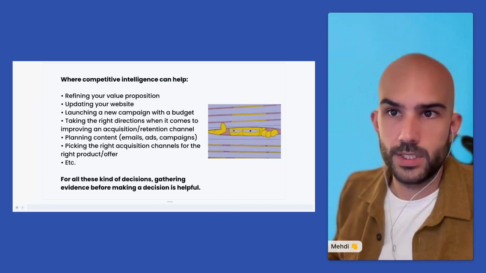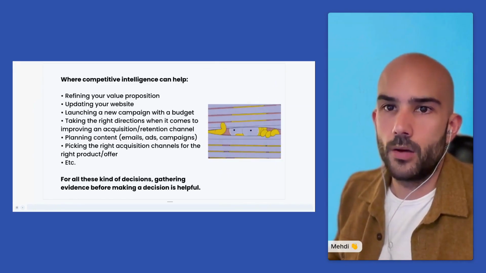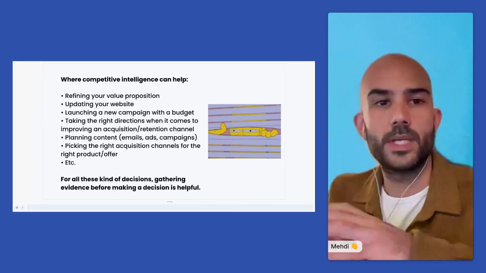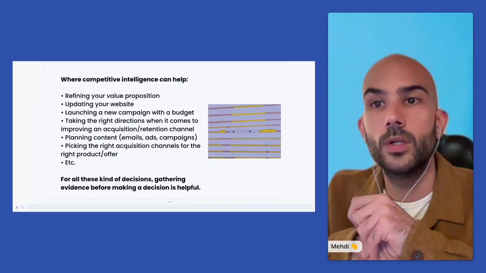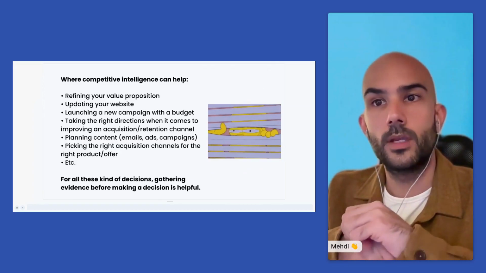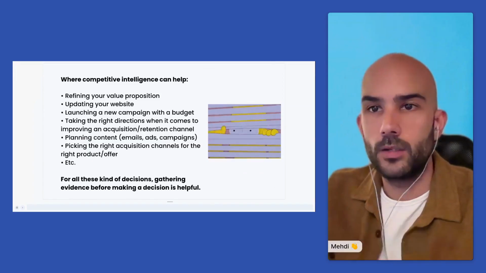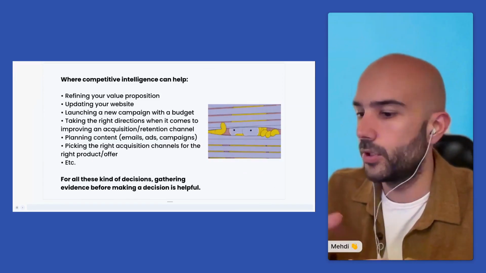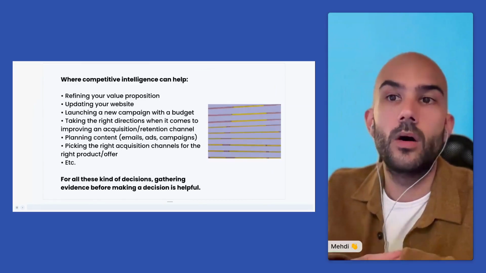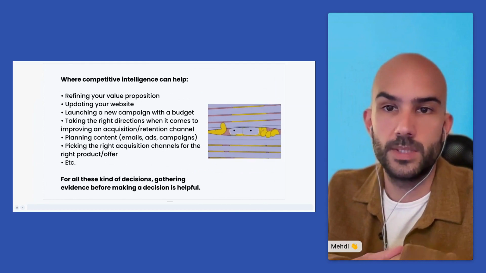Refining your value proposition. You know that you have to position yourself differently. How should you do it? Competitive intelligence can help you. You want to update your website for CRO purposes. You want to launch a new campaign. You are trying to improve an existing acquisition or retention channel. You are planning your content for the next 3 months or for the next big campaigns, Black Friday for instance, or you're trying to pick a new acquisition channel for a specific product.